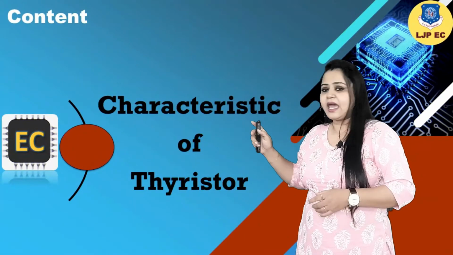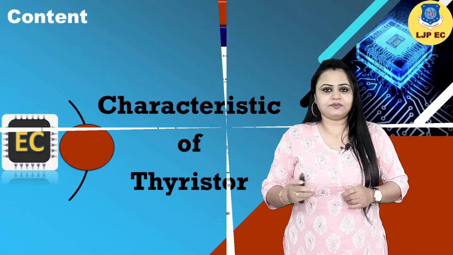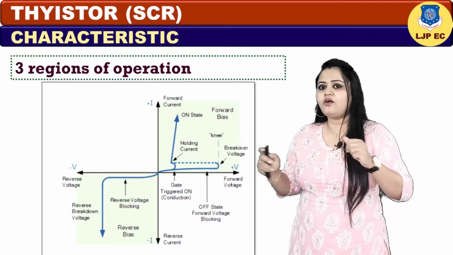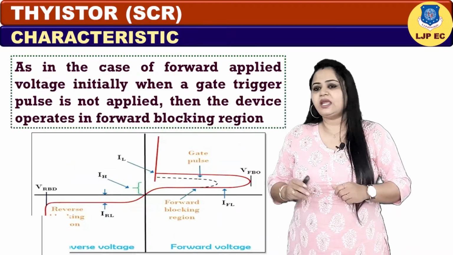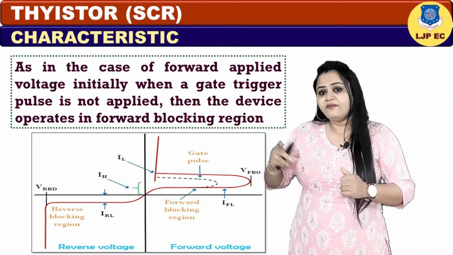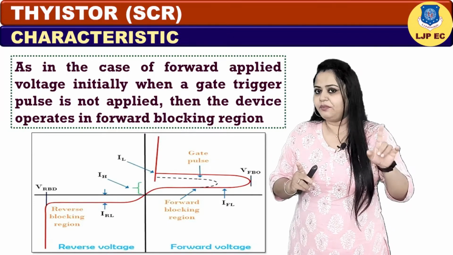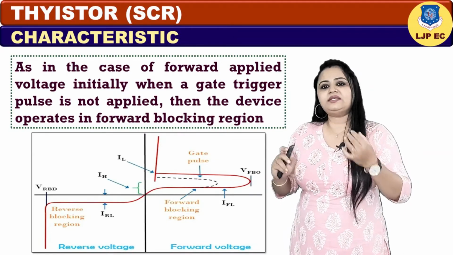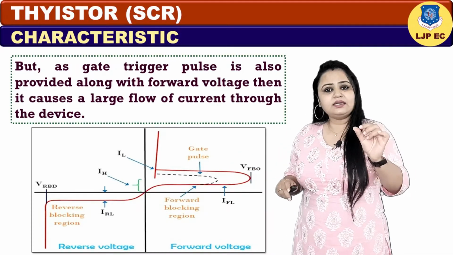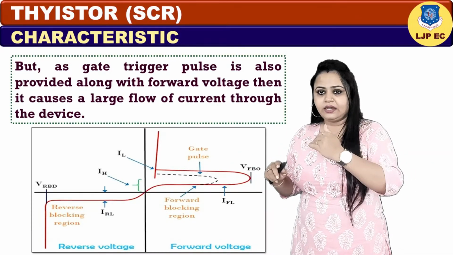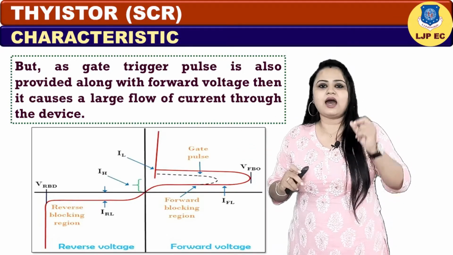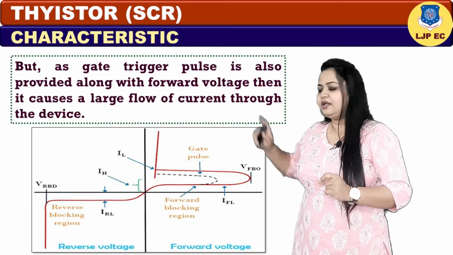Now let us see the characteristic curve of the thyristor. Here the figure clearly shows three regions of operation of thyristor. In the case of forward applied voltage, initially when the gate trigger pulse is not applied, the device operates in forward blocking region. But when the gate trigger pulse is also provided along with forward voltage, it causes a large flow of current through the device.